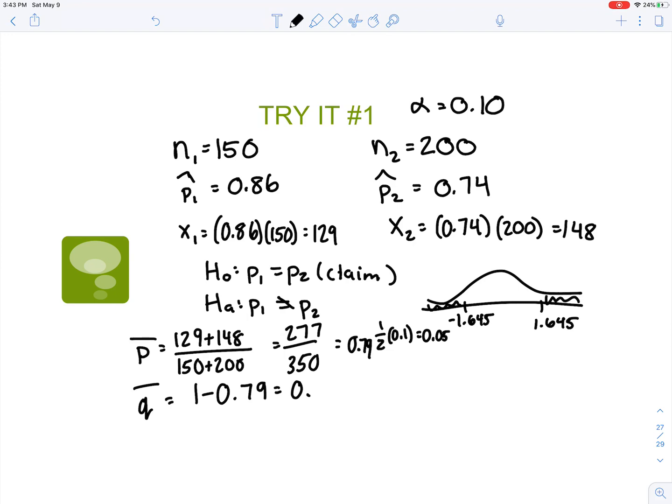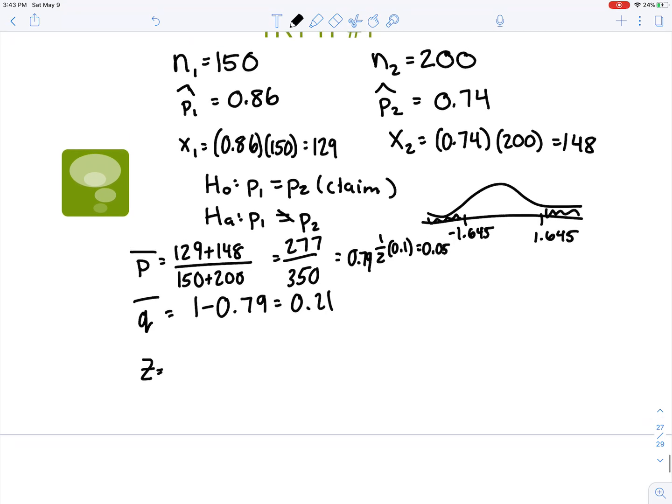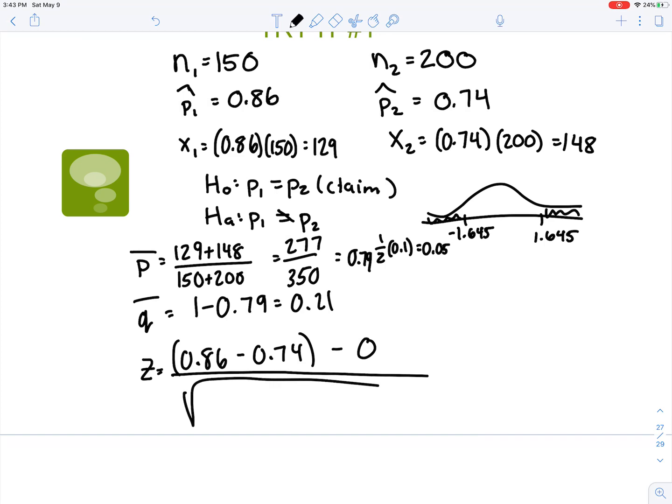And then we can go to our z equation to plug everything in. So my z equation would be p1 hat minus p2 hat minus the difference, we're assuming there is no difference, so it would be 0, over the square root of p bar times q bar times 1 over n1 plus 1 over n2. Okay.